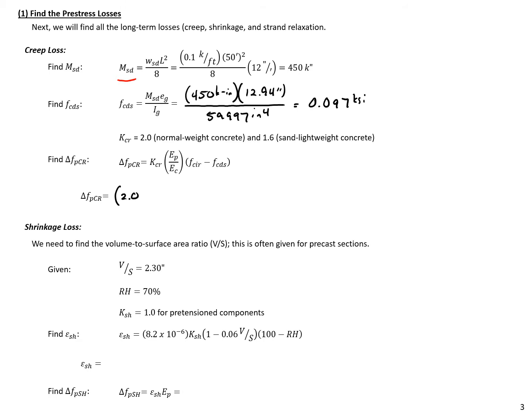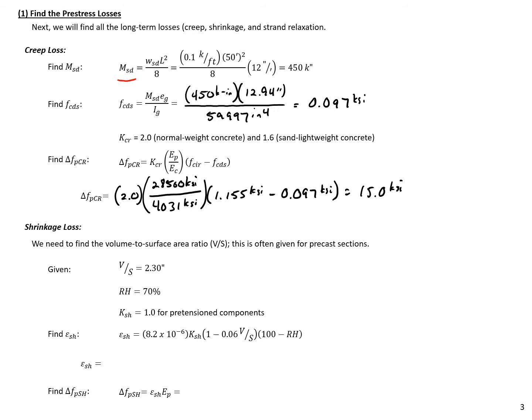So we have 2.0 times the ratio of our pre-stressing modulus, 28,500, divided by the modulus of elasticity for our concrete using the ultimate strength of our concrete, 4,031 KSI, and then times the stress we found, f_cir, which we found on the previous slide, 1.155 KSI, minus 0.097 KSI, which will give us a value here of 15.0 KSI, which is our creep loss.